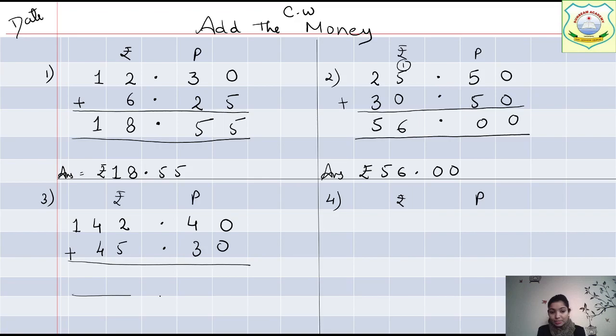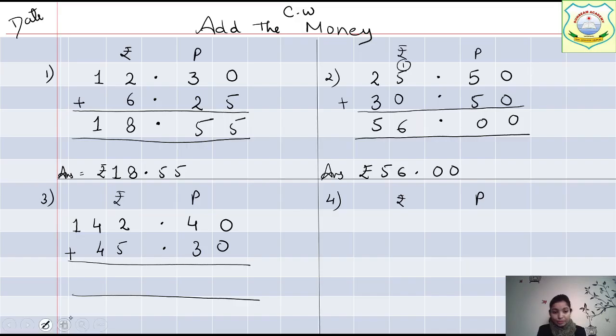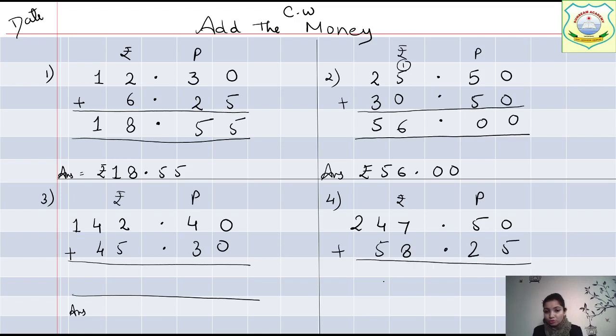Alright, let's start this addition. Next we have the fourth number: 247.50 add 58.25. So we need to add it also.